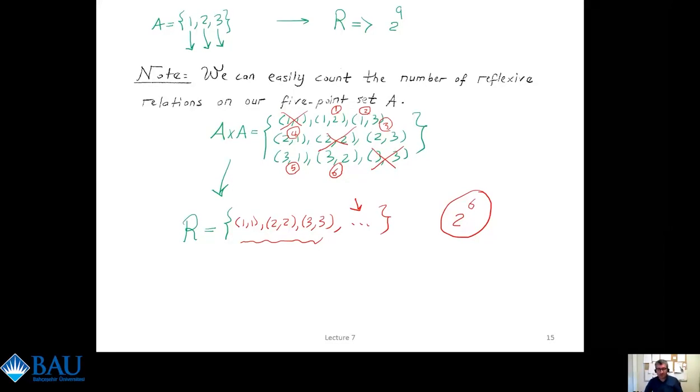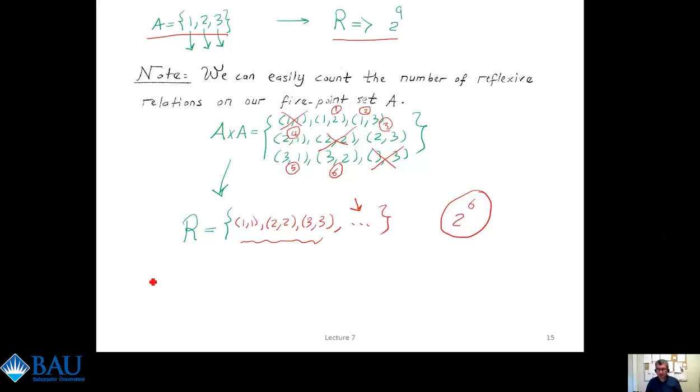So in a set, if you have 3 elements, 2 to the power 9 is the number of different relations. 2 to the power 6 is the number of reflexive relations.